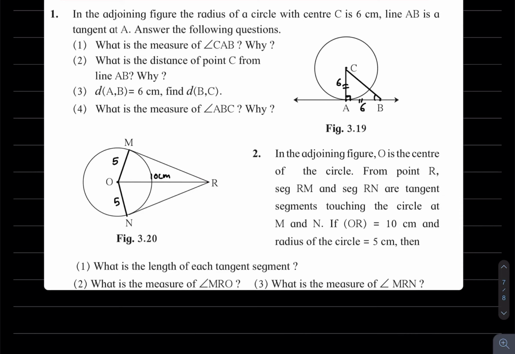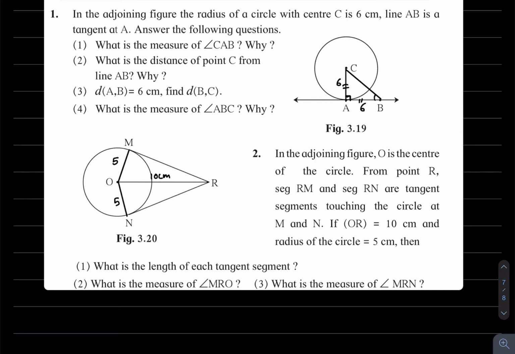To find MR and NR, you have to find only one, right? And then from the tangent segment theorem, NR is also the same as MR. So here we know that this angle is 90 degrees. So make use of Pythagoras theorem in this triangle and find out the distance between M and R.